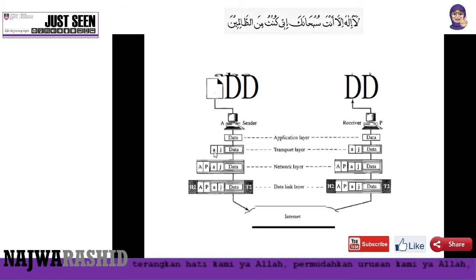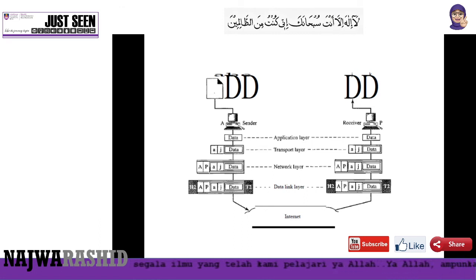At this transport layer, it will encapsulate these addresses, which are the port addresses for source and destination. At the network layer, it will encapsulate this packet of data with another A and P that refer to the logical addresses. For this example, we assume that A and J are the port addresses, and A and P are the logical addresses.